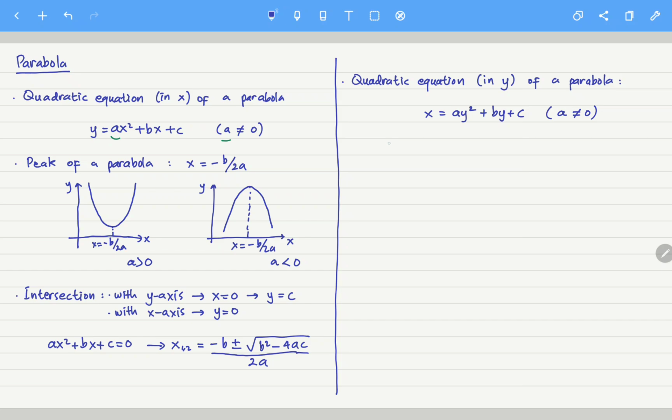So for this case, the graph will be like this. So this is if a is greater than 0, and the peak happens at y equals minus b over 2a.